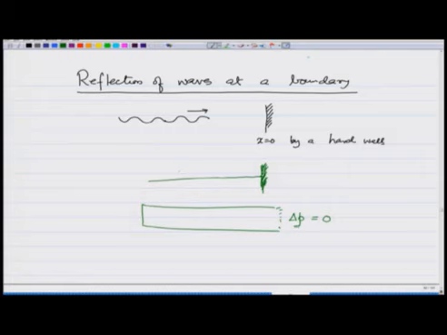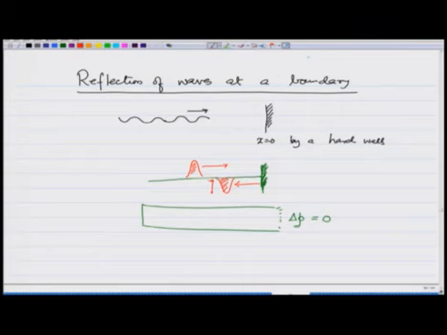So, let me show it, although I am going to finally consider a sine wave, let me show a displacement coming in. It comes in and at any boundary this reflects. So, this is going to reflect here. So, it gets reflected either in the same form or in the negative direction. It will in fact be in the negative direction, as I am going to show now.